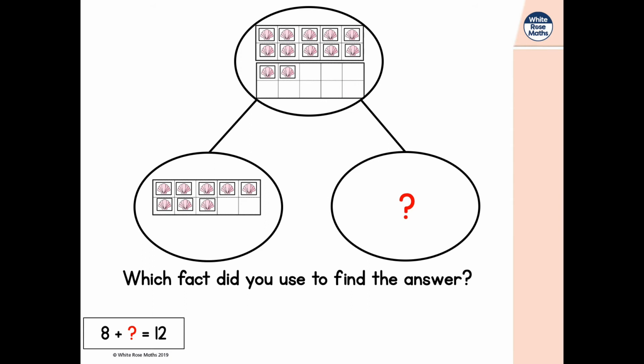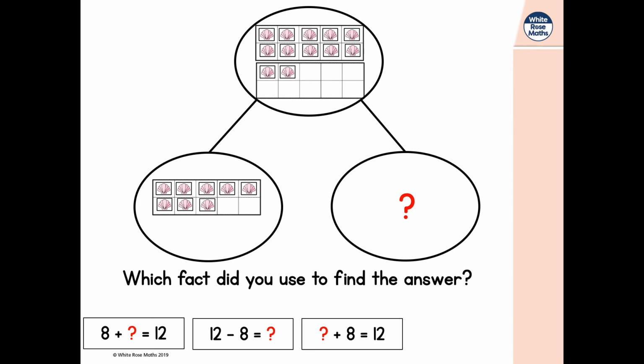We could also write 12 subtract 8 equals something. Let's try another addition. Something plus 8 equals 12. And what kind of a fact are we missing? A subtraction. We could write 12 subtract something equals 8.